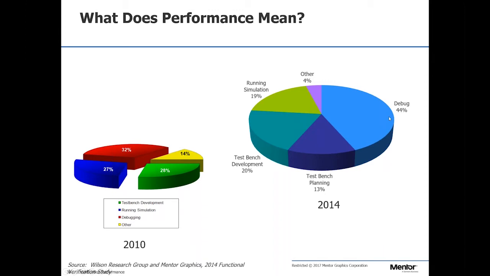So we're seeing that debug time is the thing that really causes the biggest delay. Even if we made our simulator run twice as fast, we might cut down this time, but this is not the long pole. If we can make the debug faster is where we can really save some time.